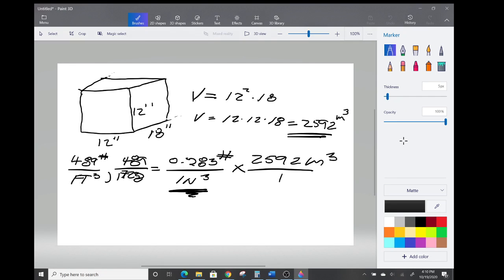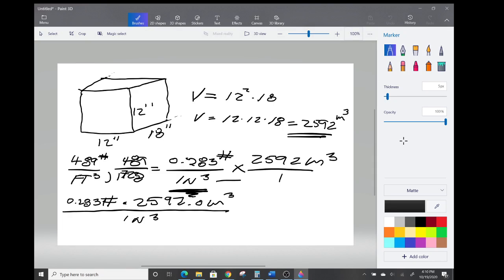When you multiply this out, you get 0.283 pounds times 2,592 inches cubed divided by inches cubed, right?